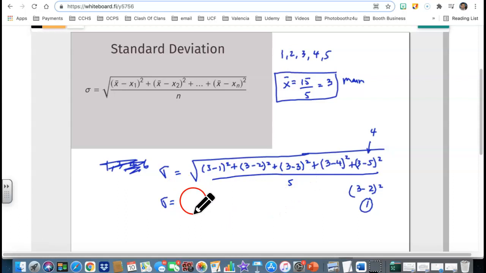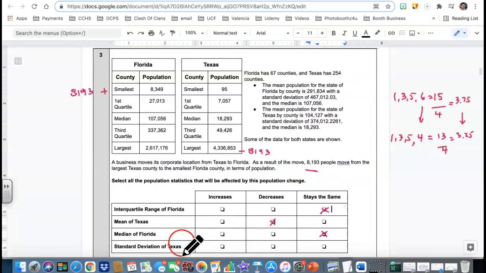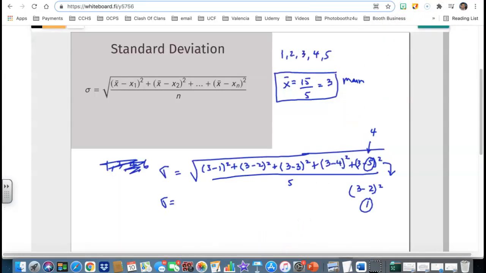And if I do the square root of that, it still is going to be lower. So as soon as I lower one of the values, my standard deviation will go down. It will decrease. Okay? So therefore, standard deviation will decrease because one of the values went down.